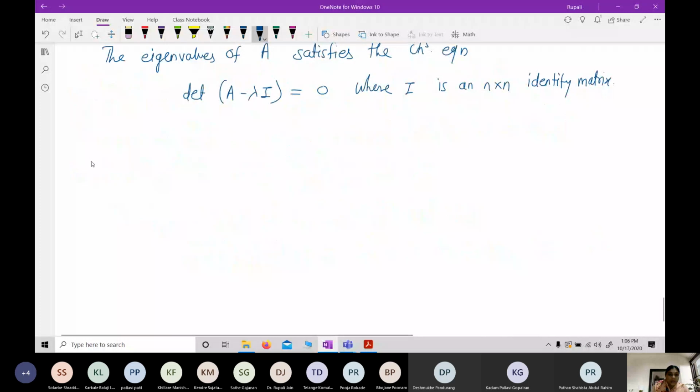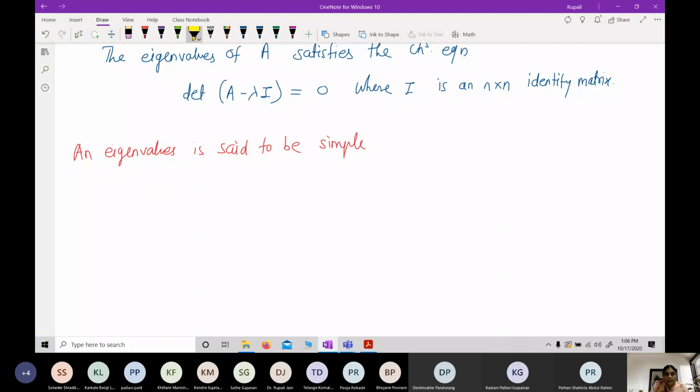Next definition: an eigenvalue is said to be simple if its multiplicity as a root of the characteristic equation is 1.